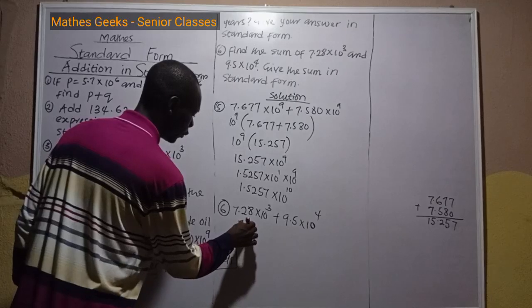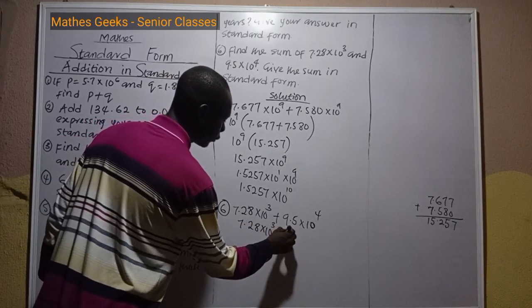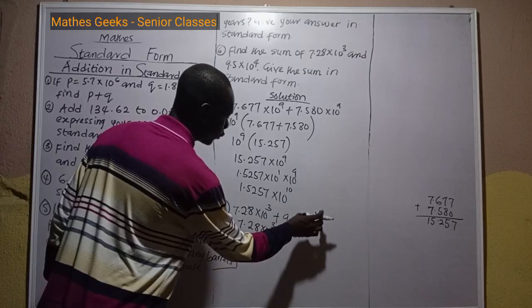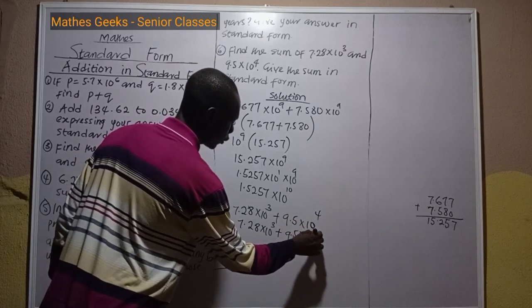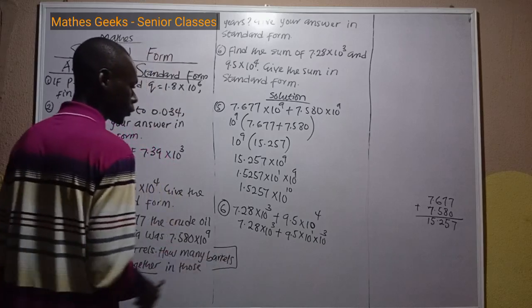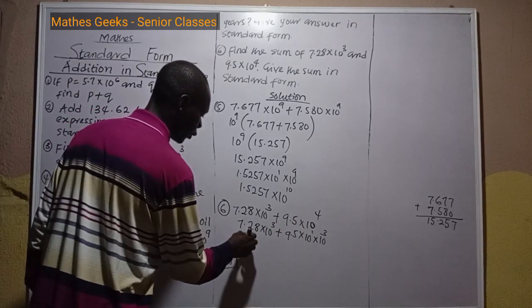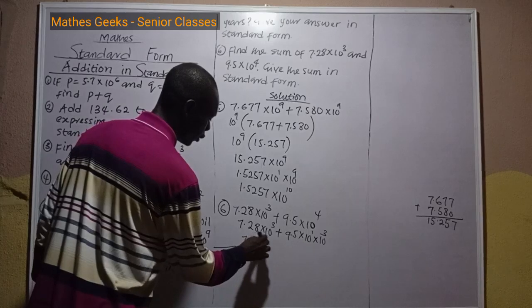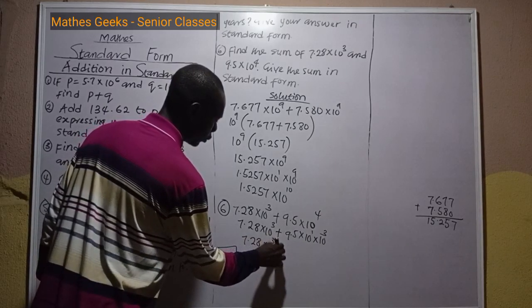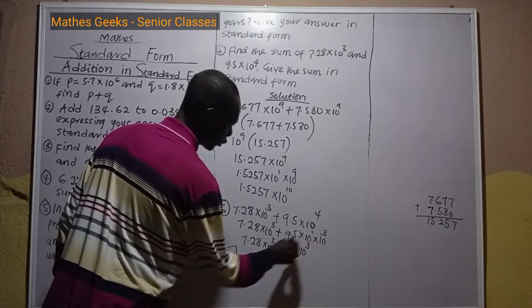So this is 7.28 times 10 raised to the power 2 plus 9.5 times, for 10 raised to 4 we have 10 raised to 1 times 10 raised to the power 2. So this will give us 7.28 times 10 raised to the power 2 plus 95 times 10 raised to the power 2.